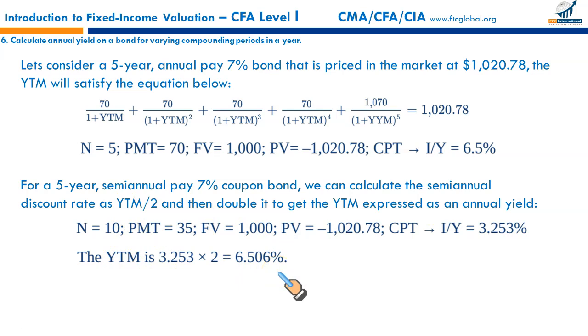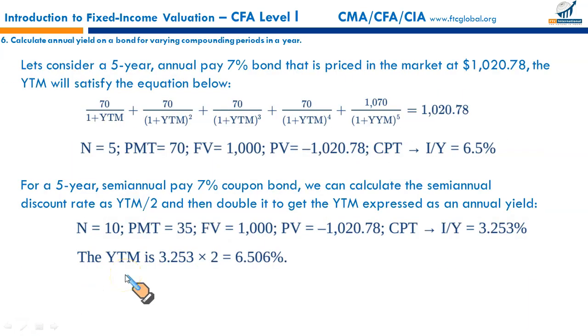Let's say had it been a quarterly bond, we would have done it at 40, and the payment would have been 17.5. Same, and then the result would have come and we would have multiplied it by 4 to get the annual yield. So this is how we can find the annual yield based upon the frequency of interest payments.